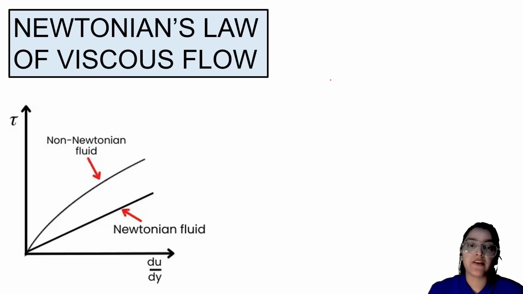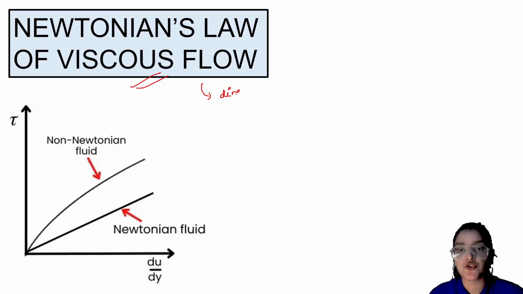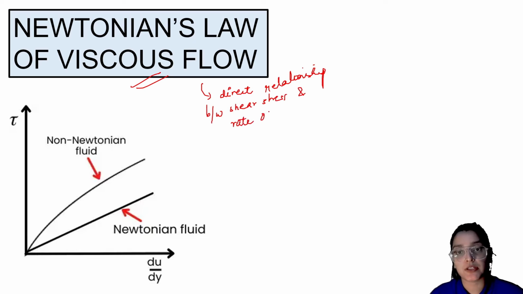Before that, as we have already mentioned, this was Newton's law for the viscous flow of fluids, where there is a direct relationship between the shear stress and the rate of shear. If this does not apply, then it is termed a non-Newtonian fluid.